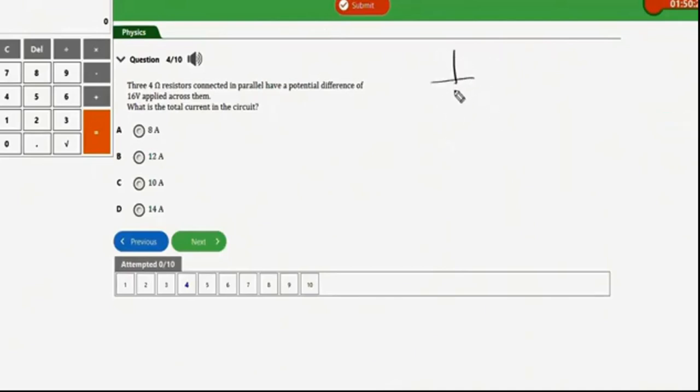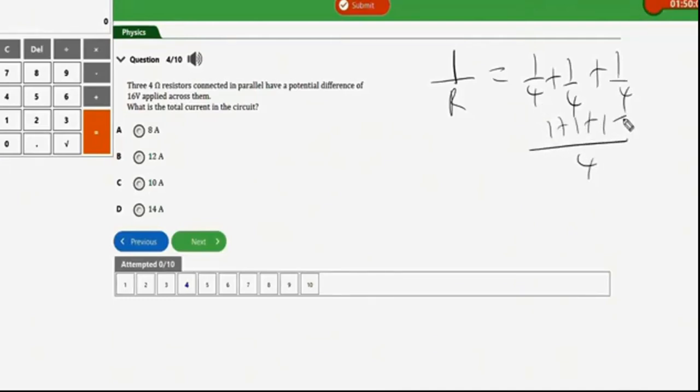So let's get the sum of the effective resistors. It's 1 over R equals 1 over 4 plus 1 over 4 plus 1 over 4. So we have the LCM to be 4. So 4 divided by 4 is 1, plus 1, plus 1. This will give you 3 over 4. So we have 1 over R equals 3 over 4. Cross multiply, we have 4 equals 3R, divide both sides by 3.